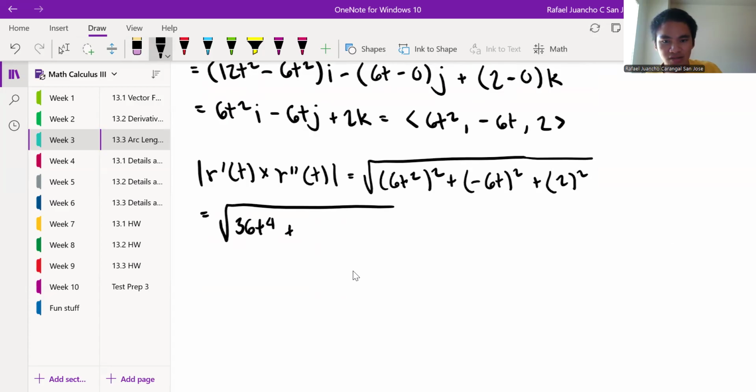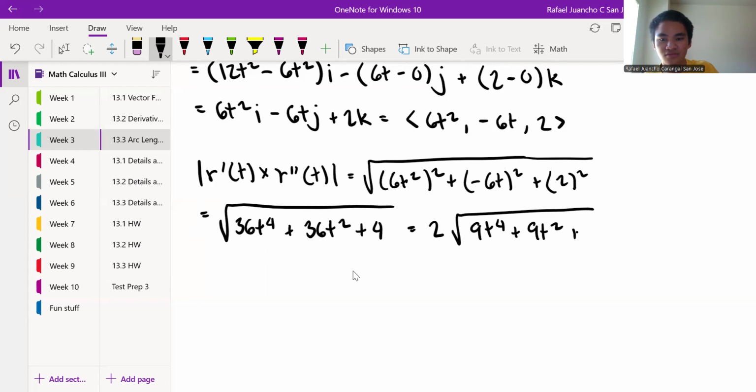Then I add that to 36t squared. Then I add that to 4. And I can actually divide everything by 4. So I got 2 times the square root of 9t to the fourth plus 9t squared plus 1. And then there we have it.